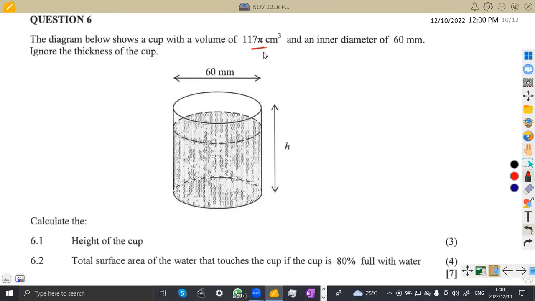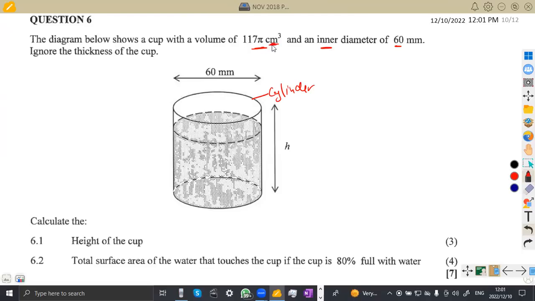So this is the volume of the cup. Remember that a cup is actually a cylinder. So this is a cylinder, guys. We are given the inner diameter as 60 millimeters, and we ignore the thickness. Take note the volume here is given in cubic centimeters.